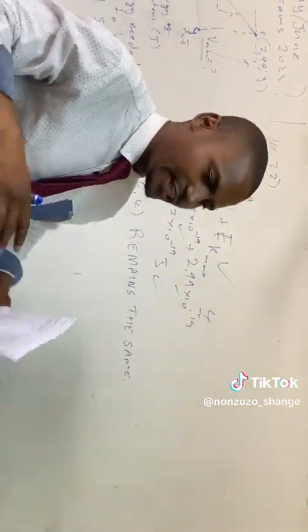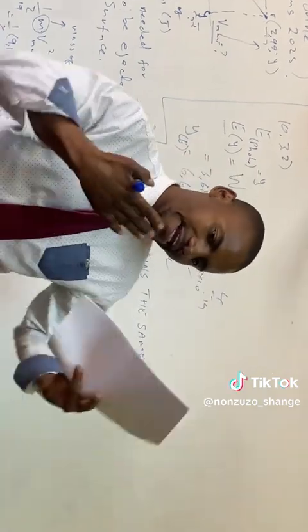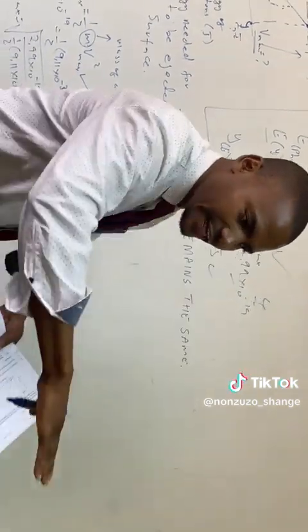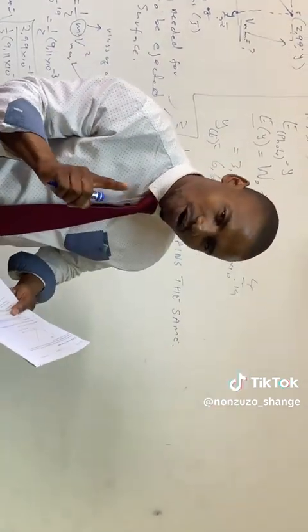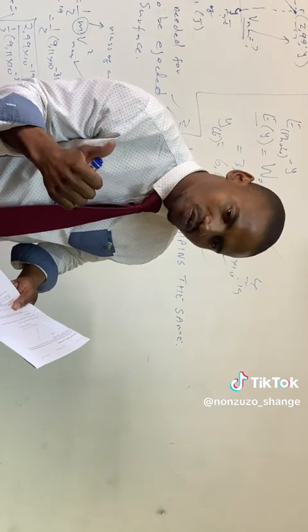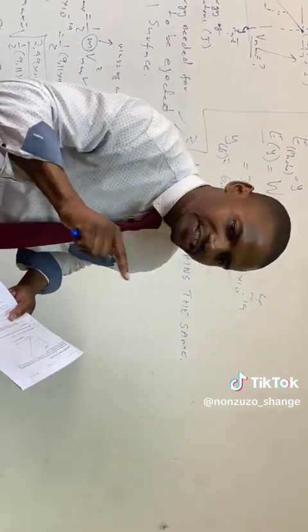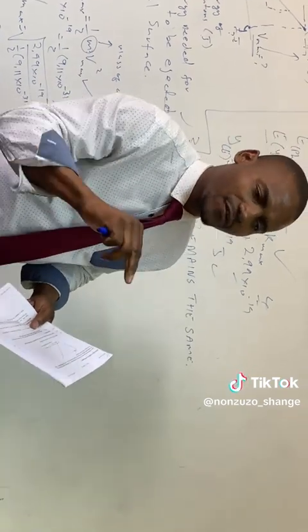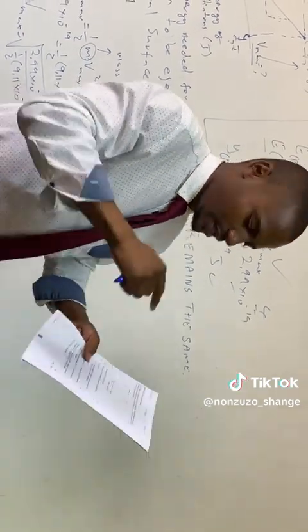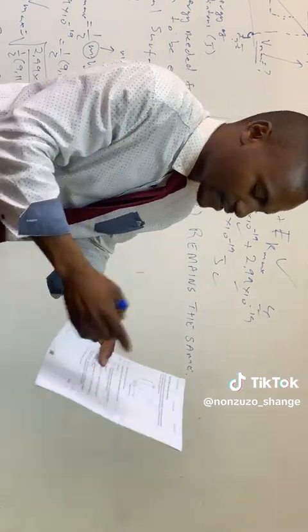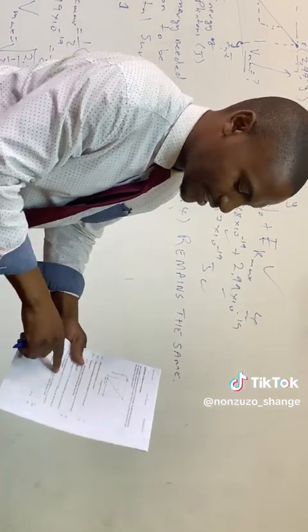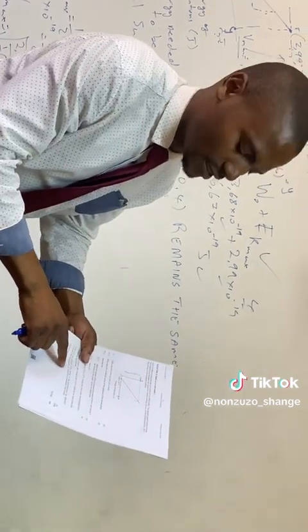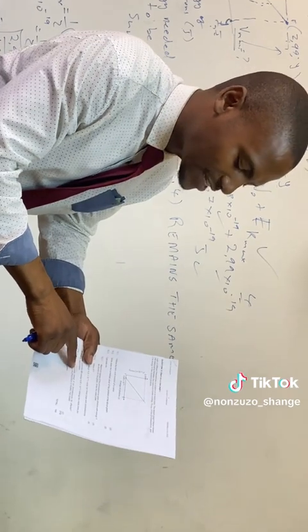So if a change has been made in intensity and the energy has remained the same, because remember I said earlier on one of my videos, energy has to do with frequency. If the frequency remains the same, intensity has been increased, that means nothing will be affected when it comes to the maximum kinetic energy.